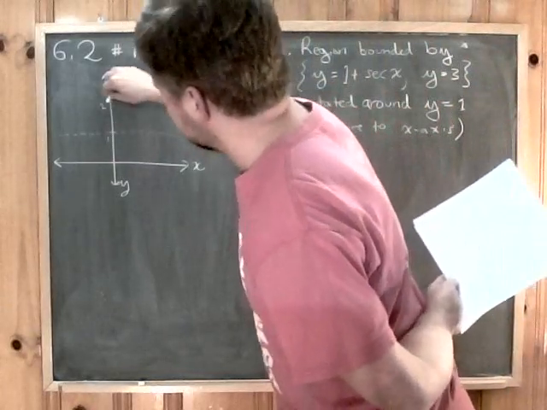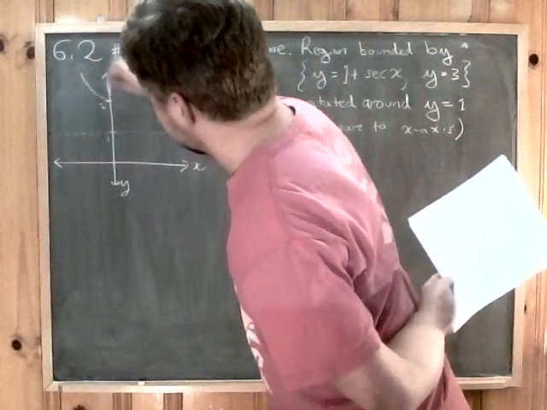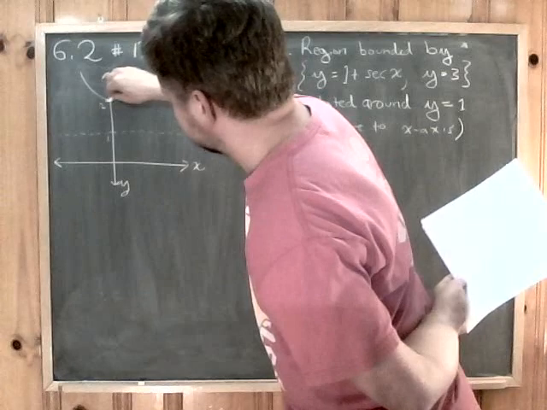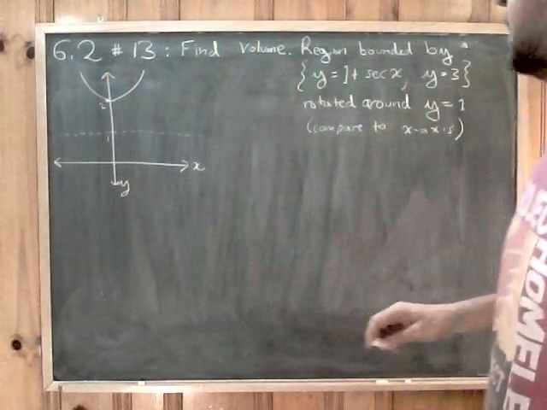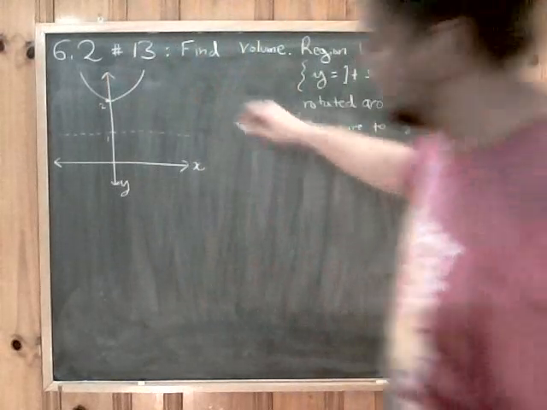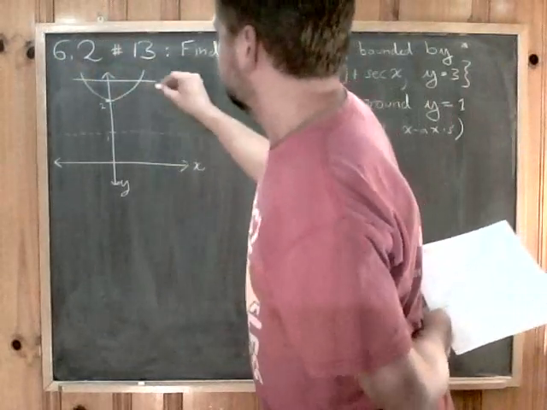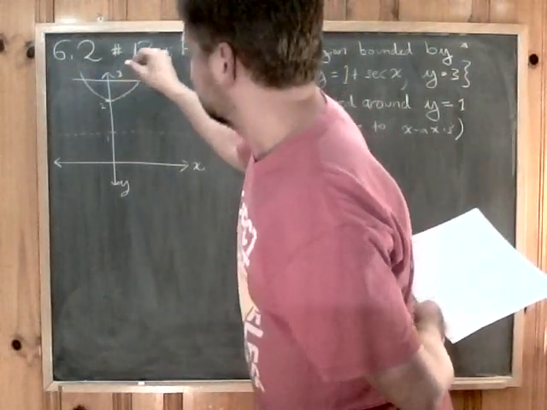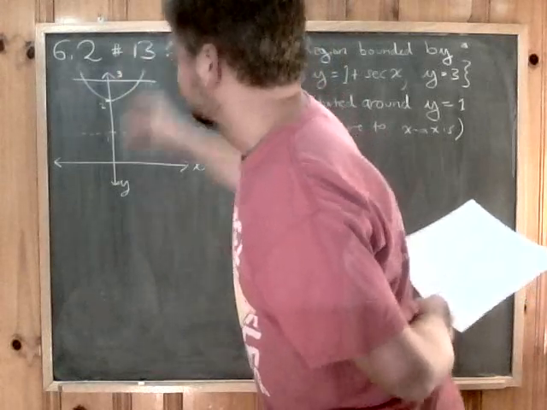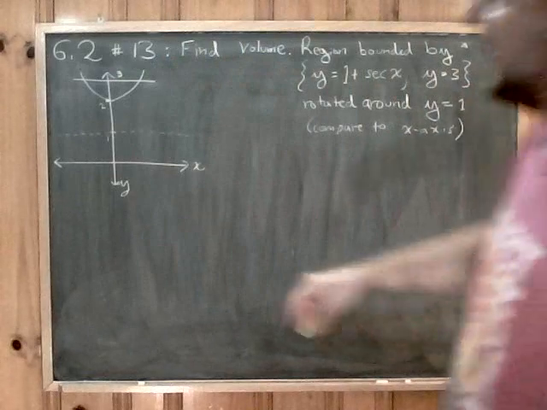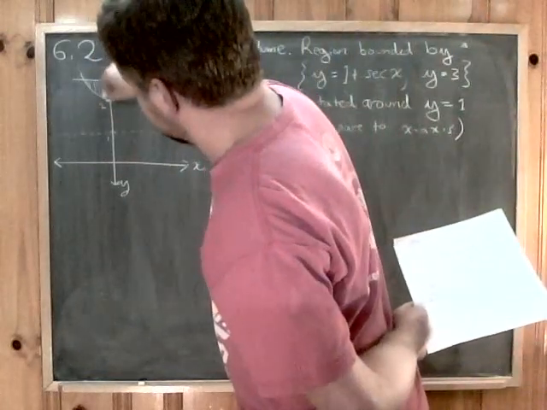That's 2, and it goes up from here. Eventually it goes to vertical asymptotes up there. It makes a little bowl shape. And then y equals 3 is a straight line like that. So that's y equals 3 on the y-axis there.